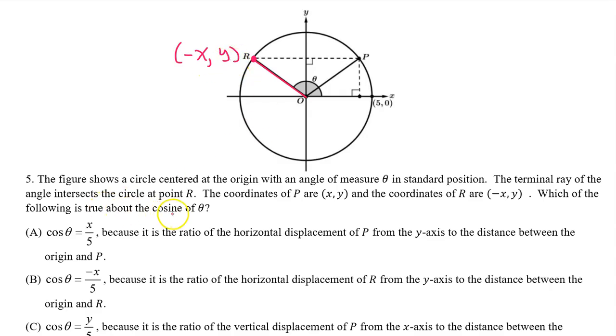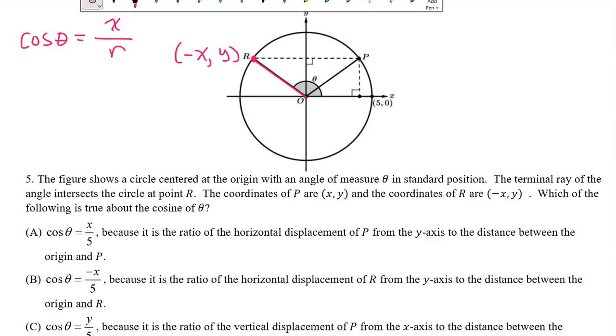Which of the following is true about the cosine of theta? Notice that the radius is 5 based on the point 5, 0. We know that the definition of cosine is that cosine theta is equal to, well, I started to say x over r. But because we are using the opposite of x, let's not say x over r. Let's say the horizontal displacement divided by r.